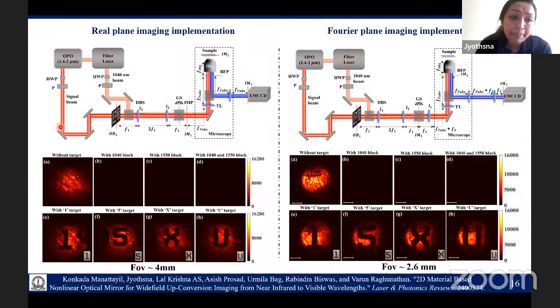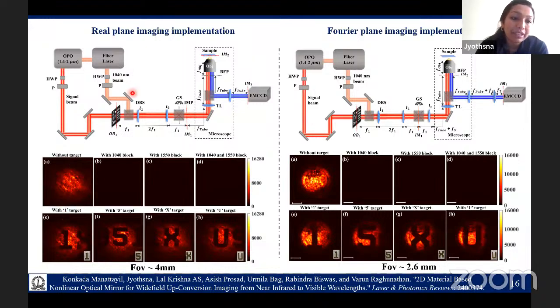The sample is placed in the IR path, which needs to be upconverted. And this, as I mentioned, is imaged onto the sample plane. So here is the 2D nonlinear optical mirror, where we place the 2D material-based nonlinear optical mirror. All we have to do is image this sample onto this 2D material flake. So this is the image without any target.